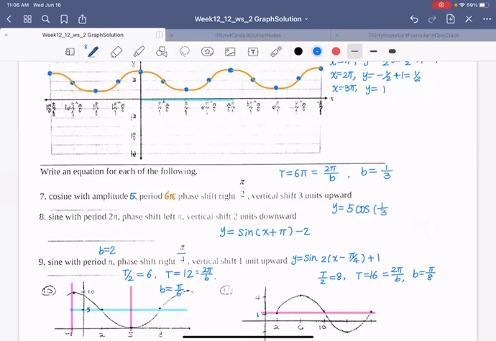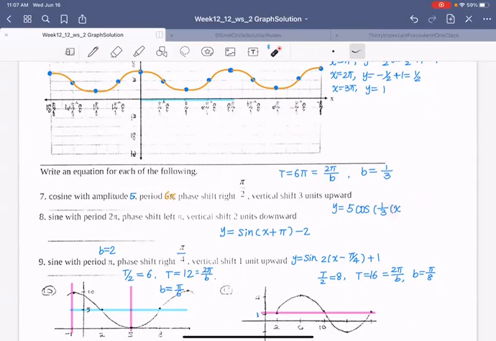What do I write down next? Phase shift, right? Yes, minus pi over 2. Look, when you include the phase shift, if b is not equal to 1, you have to make sure you have a parenthesis here.